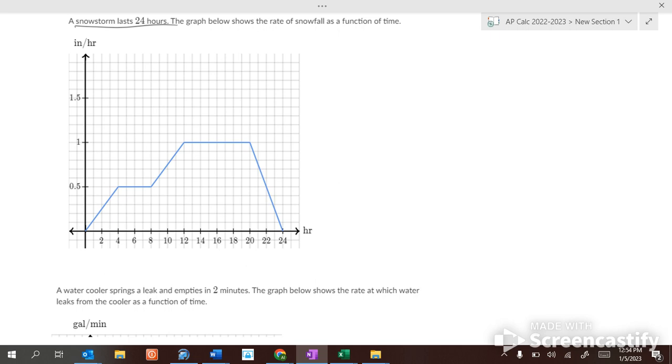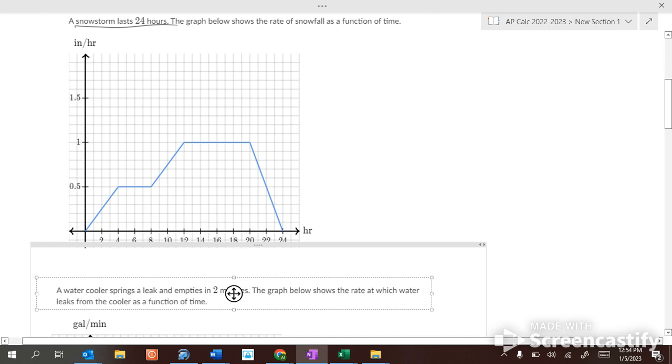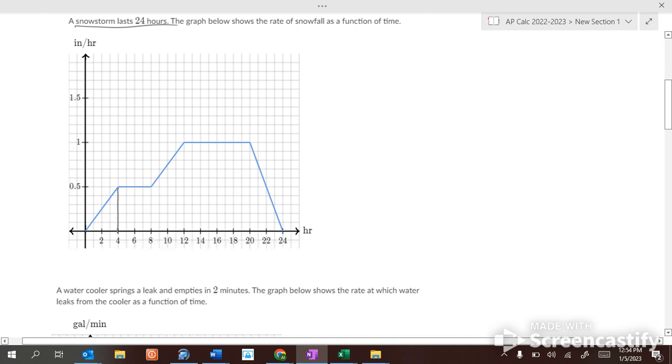Okay, so how would you do this geometrically? Break it into a bunch of smaller shapes is correct. There's our bunch of smaller shapes. How do you find the area of a triangle?